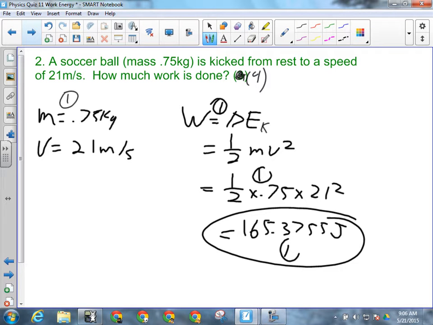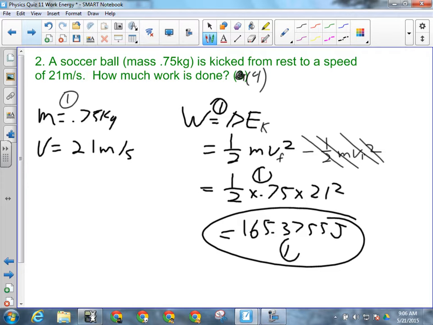That would have been 1/2 mv final squared minus 1/2 mv initial squared. Obviously, since it's kicked from rest, that's 0. So all we have to do is plug in our numbers on this one. There's no manipulation. It's already set up to solve for the final kinetic energy and thus the work that would be done on the ball in kicking it.